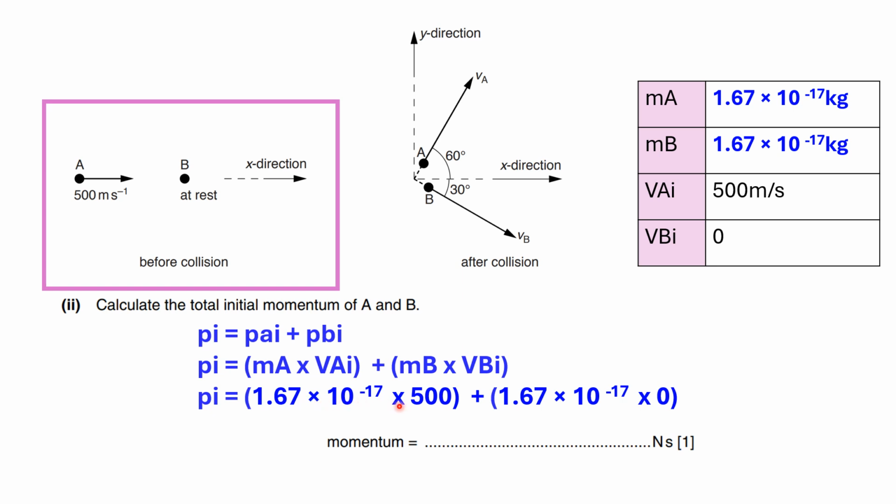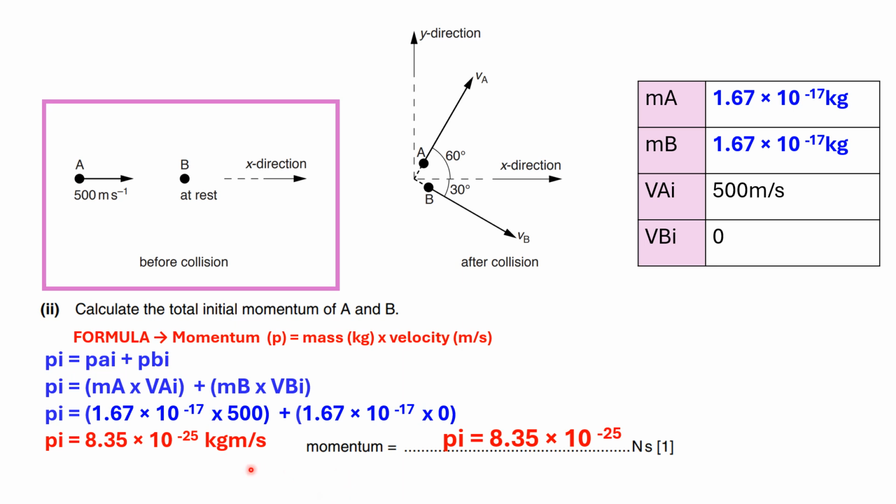In this step, let's do some calculations. And here is the finale. The initial momentum is equal to 8.35 times 10 to the negative 25 kilograms meters per second. This is the unit for momentum.